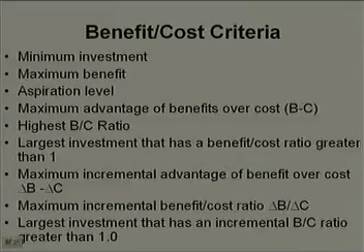And similarly, in one of the criterion, you will find that they go for the largest investment that has an incremental B by C ratio greater than 1. So, these are sometimes used criteria under B by C ratio.